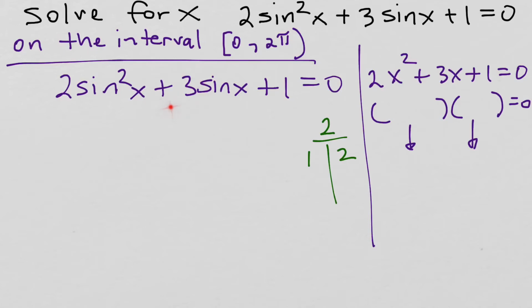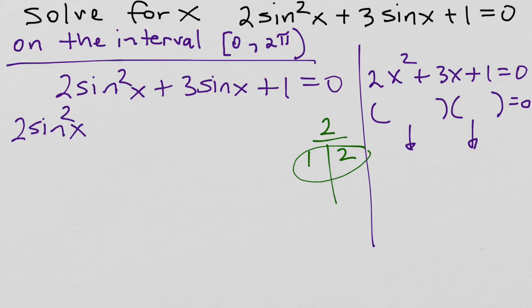So this middle number here will tell you what your signs are over on the factors. So I'm going to need 2 positive signs, positive 1, positive 2, to add up to give me 3. So I'm just doing regular old quadratic factoring here. So since I have a leading coefficient of 2, I have to factor by parts.